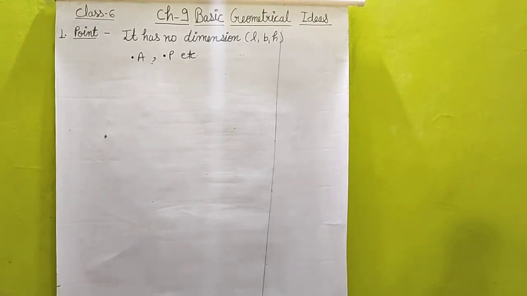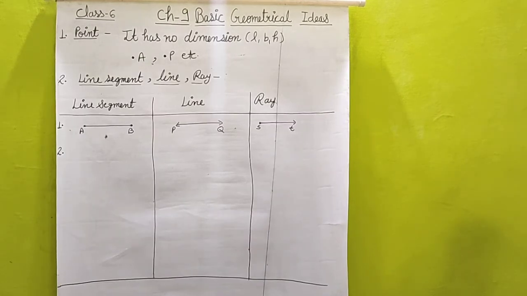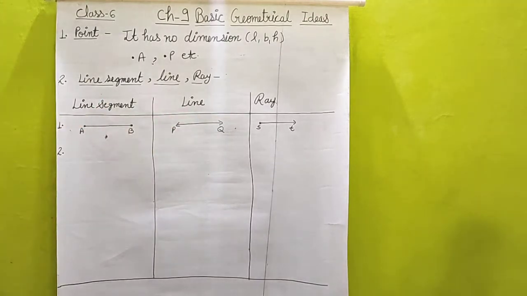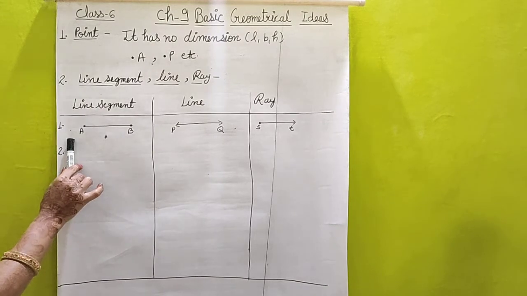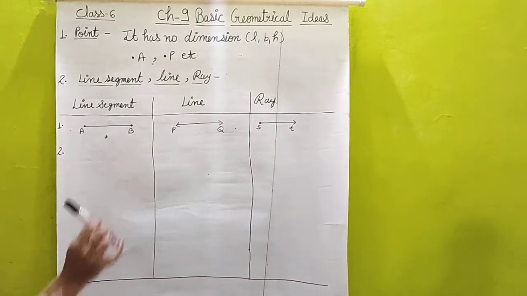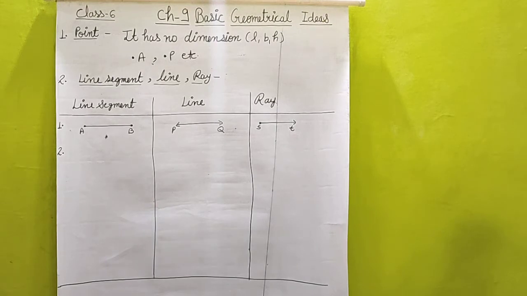Now, students, the second point is the difference between line segment, line and ray. You can see here one table I have made for the line segment, line and ray. In point number 1, I have shown the line segment and ray. How will you make them?